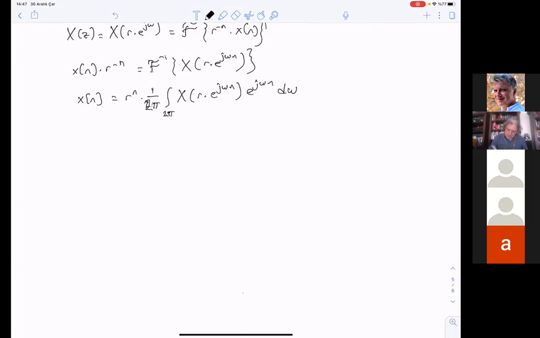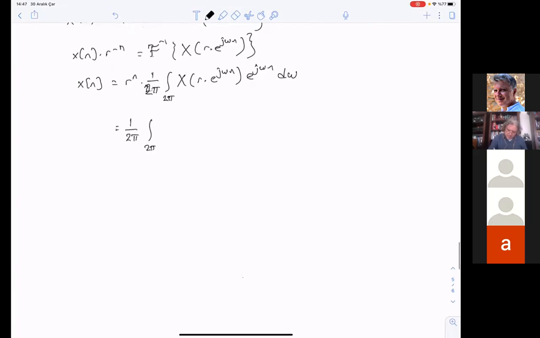Very well. Now I will collect some terms. I will write it like 1 over 2 pi, the integral over 2 pi X of r times e to the j omega, and out of it there is an r to the n and e to the j omega n, which means r times e to the j omega to the power n times d omega.